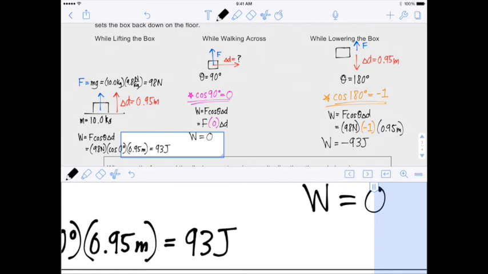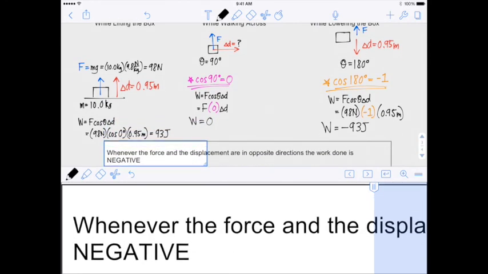And mathematically, this makes sense to us because we lift it at 93 joules, where the cos of 0 is 1, and then we lower it at 180 degrees, where the cos of 180 degrees is -1, with a work of -93 joules. So mathematically, it works out as well. So that leads us to two important summaries.